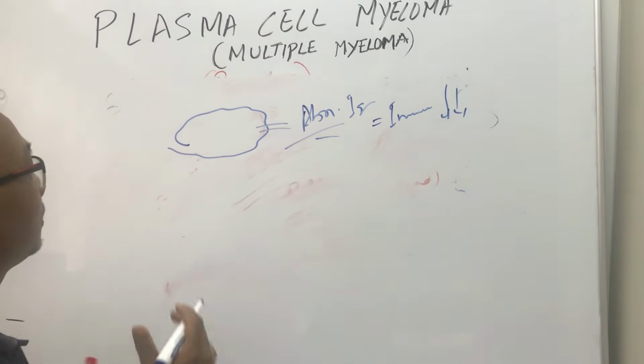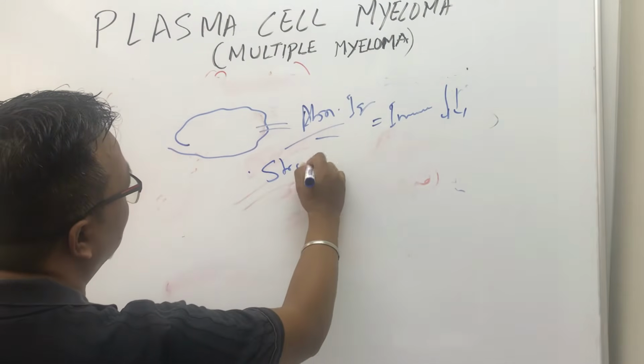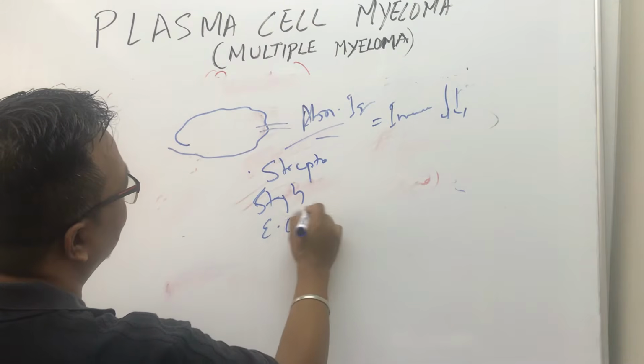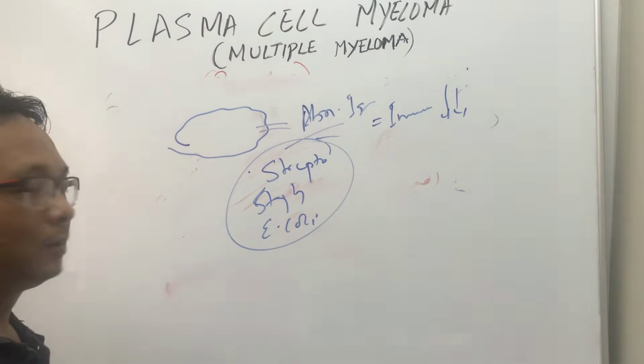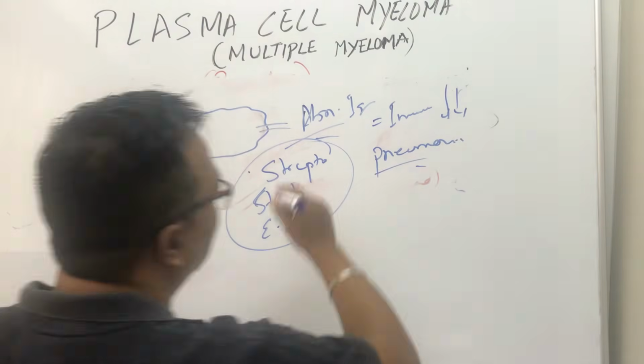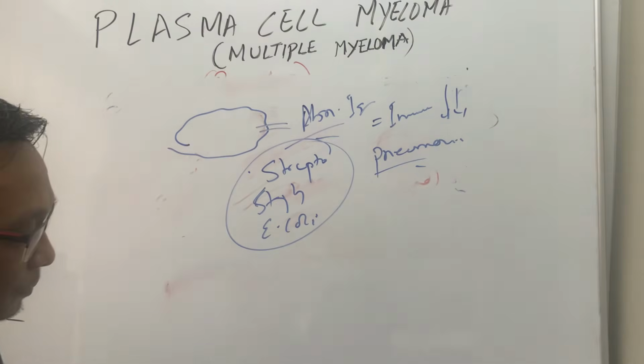As a result there is a high chance of developing infection due to Staphylococcus, E. coli. These are very commonly associated infections, leading to pneumonia in multiple myeloma. This is also one factor.